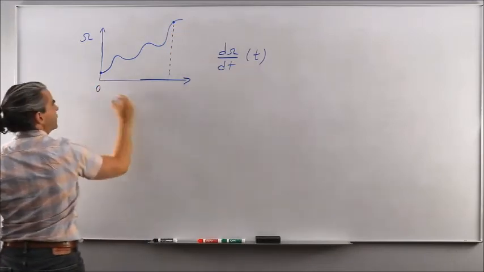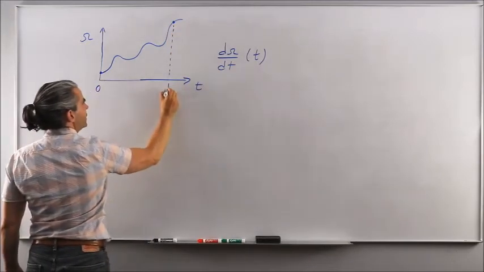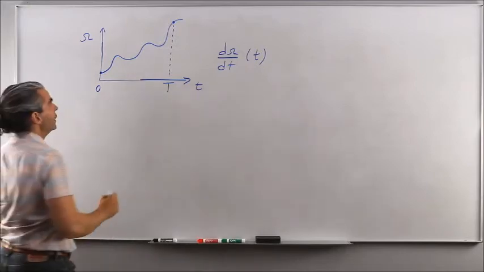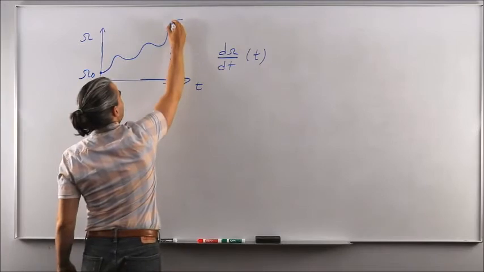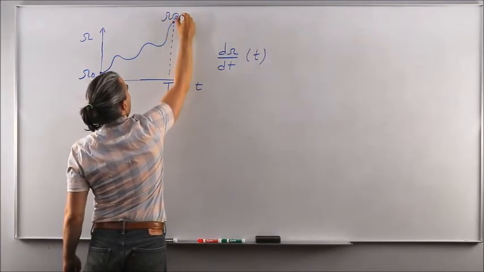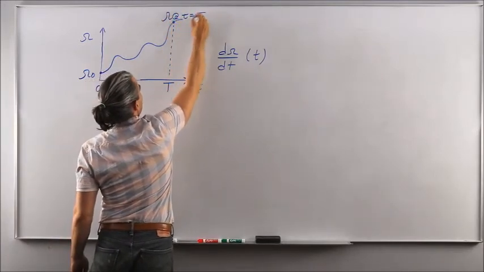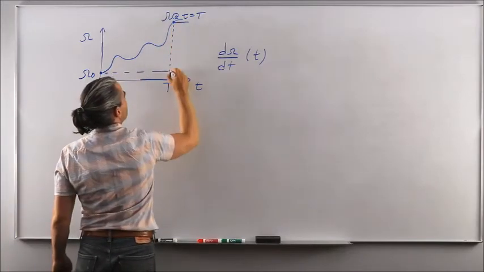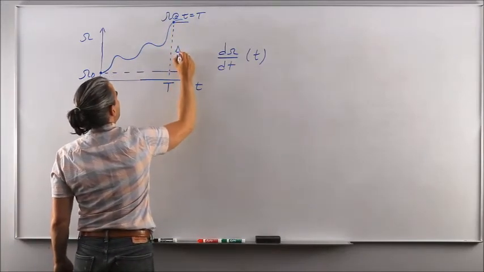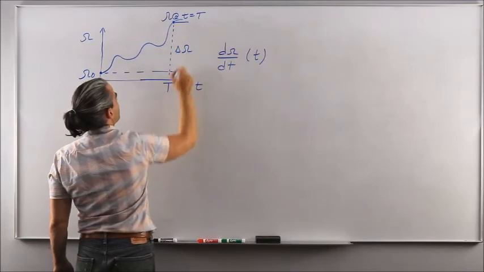So this is t equals 0, and this is t equals 1 orbital period. You look at the initial value for RAAN, and the value here at t equals 1 orbital period later, and the net change is referred to as delta RAAN, like that.